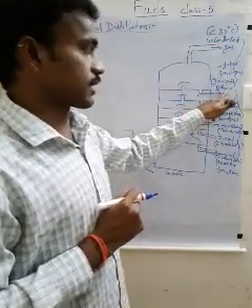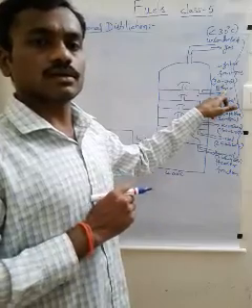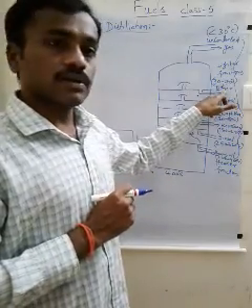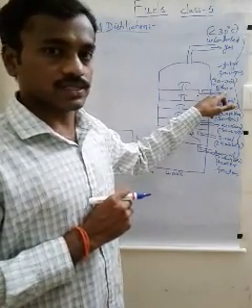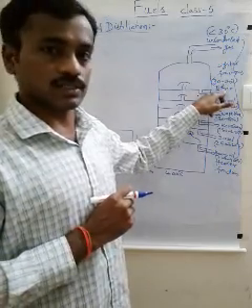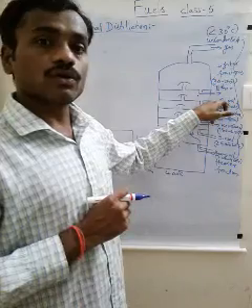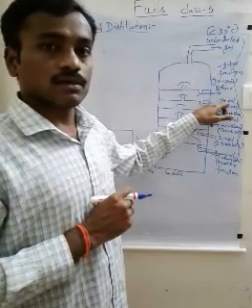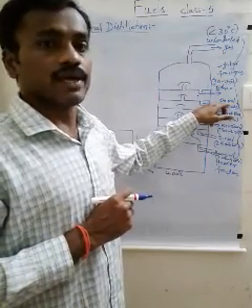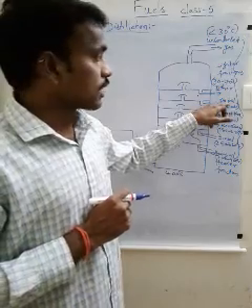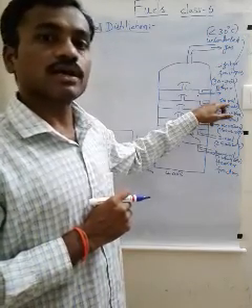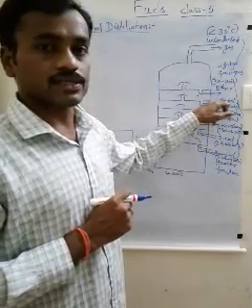Next one, ether. So we know that ether is used as solvent in industries and used in dry cleaning process. Next one, petrol. Petrol is used as fuel in vehicles, motor fuel, and also used as solvent and also used in dry cleanings.